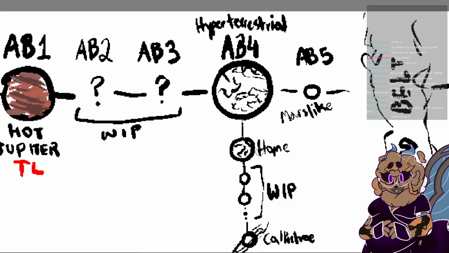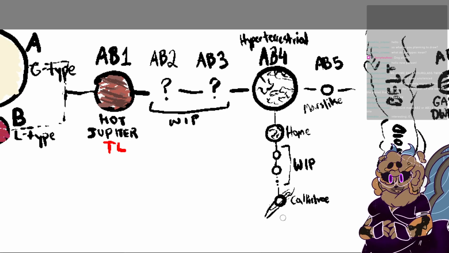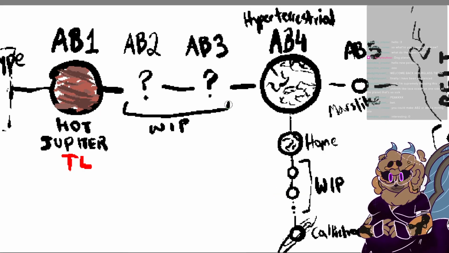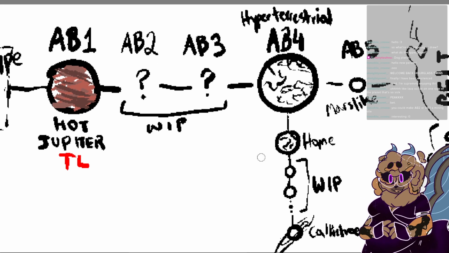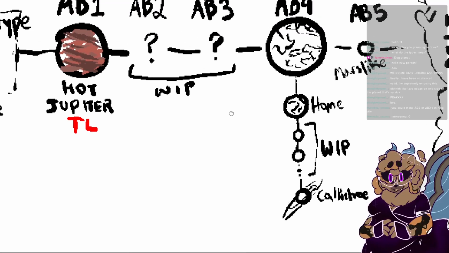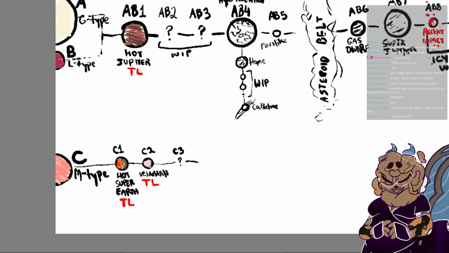So I'm thinking that AB3 here could potentially be something like a subterrestrial planet or something smaller that might be basically the best bet that Canastrians have to live on in the solar system. Not exactly ideal in the slightest, but it has maybe some weird native biosphere or something of the sorts. I'm not actually entirely sure on that part yet, but we'll figure that out.